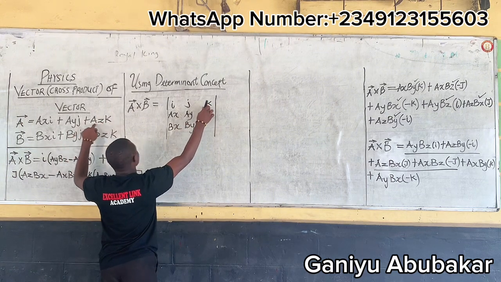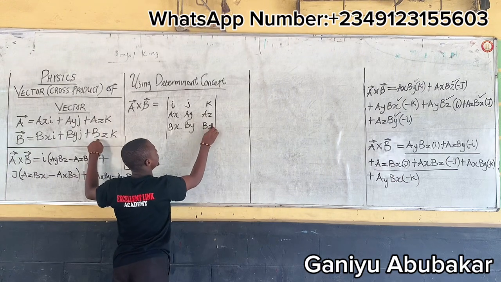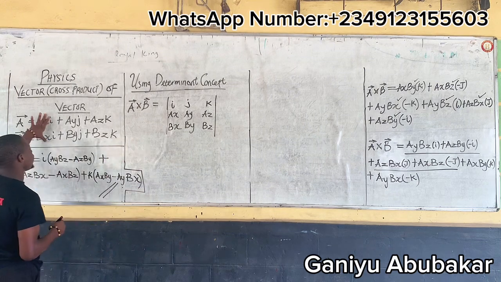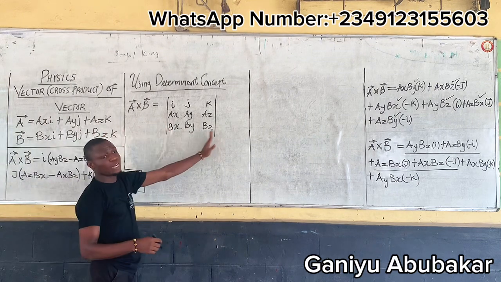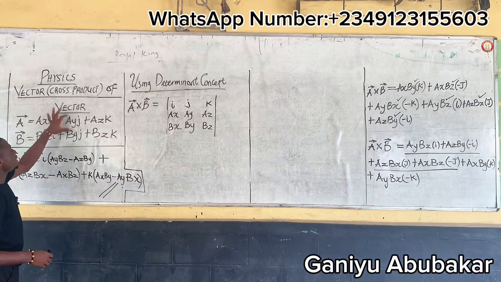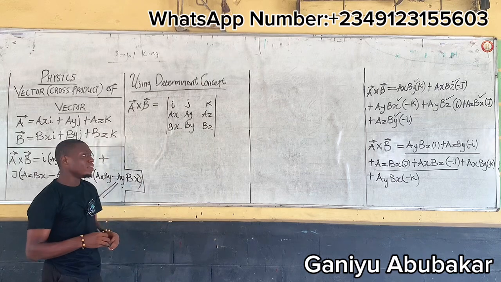For K, I have AZ and BZ. So this is how it works. If I give a question in this form, just take it down this way: I, J, K on top, and your I are this and this, J are this and this, and K are this and this. This is called a 3 by 3 determinant of a matrix.